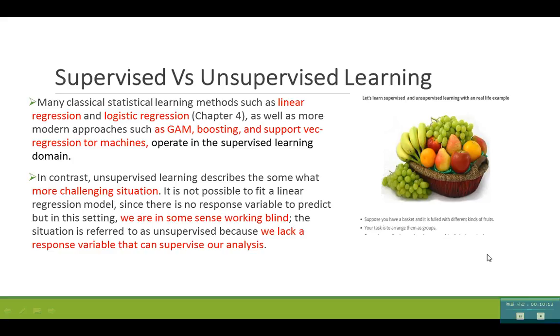But in unsupervised learning, it's like working blindly, because we don't have any clue, so we classify it in our own way. Here it is mentioned that linear regression and logistic regression are useful in supervised learning.